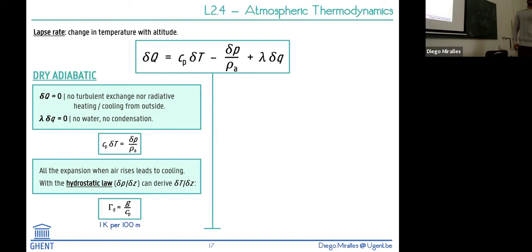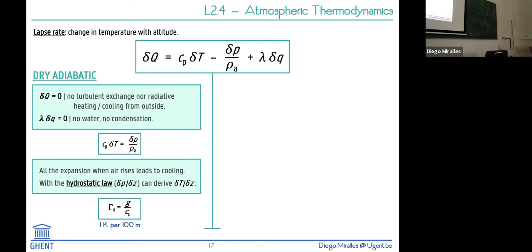And you'll see that if you take out the terms, I mean, it will take you 5 seconds to do it, you get that this is equal to gravity divided by the specific heat at constant pressure of air. And that is 1 degree per 100 meters. How much does it cool as we move up? 1 degree per 100 meters. All right?